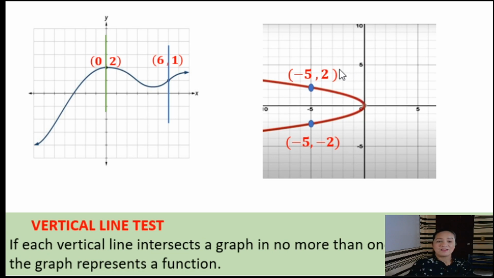So, if we draw a vertical line there, the vertical line intersects the curve in 2 points. Therefore, that one is not a graph of a function.